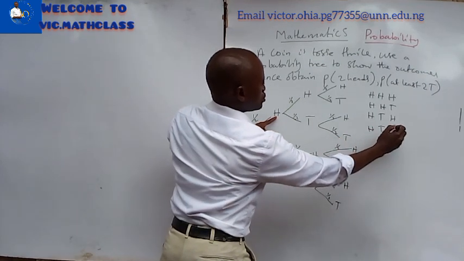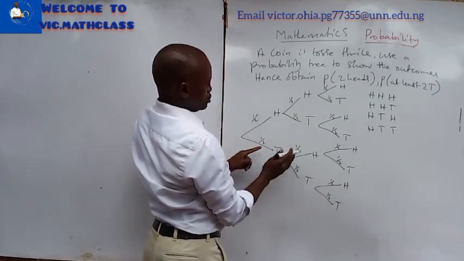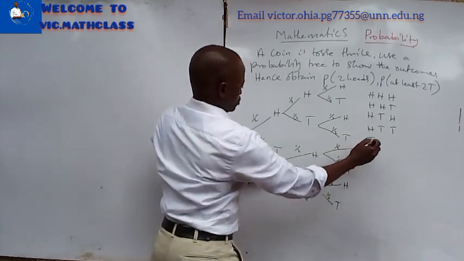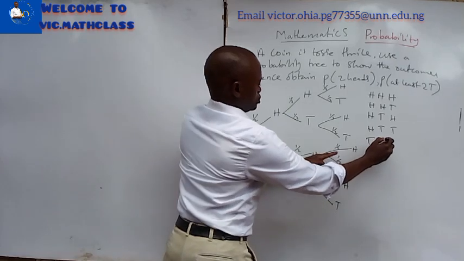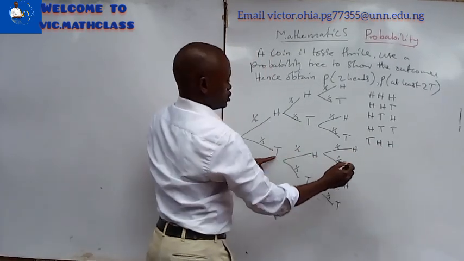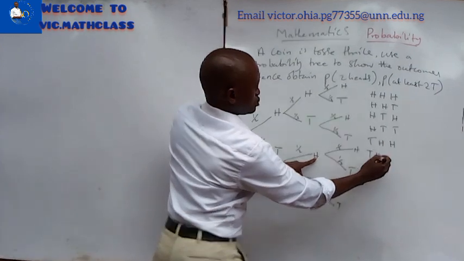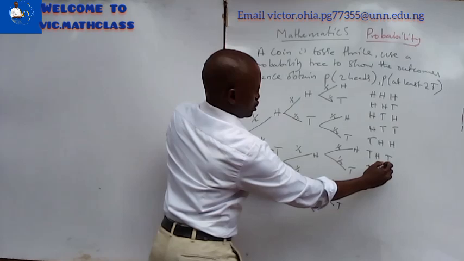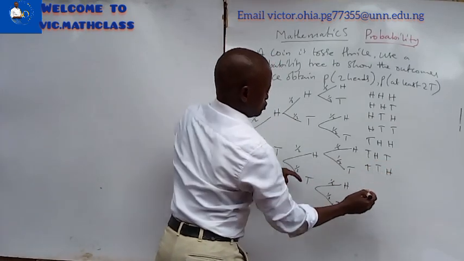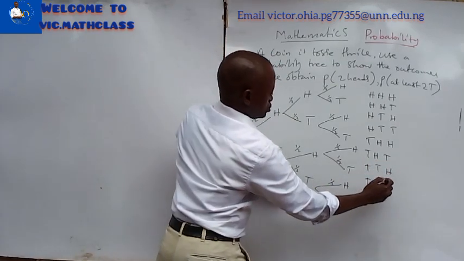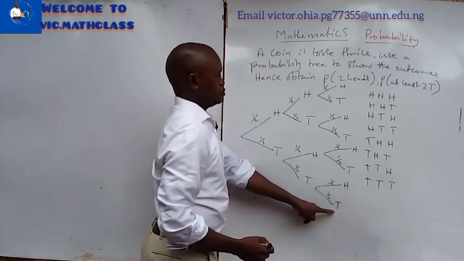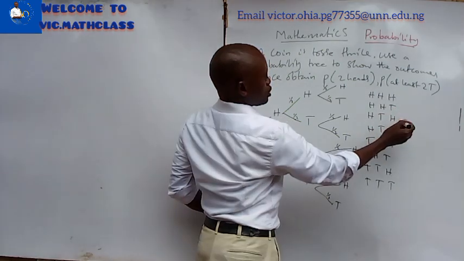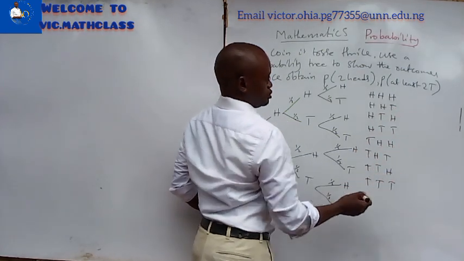Okay, and then this is exhausted, so I will start here: tail, head, head, then tail, head, tail, then tail, tail, head, finally tail, tail, tail. Okay, so if you count, there are 1, 2, 3, 4, 5, 6, 7, 8.